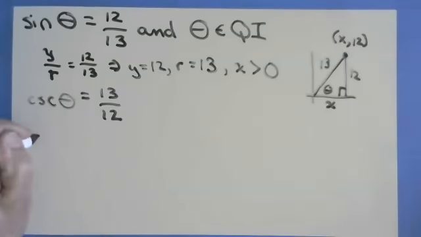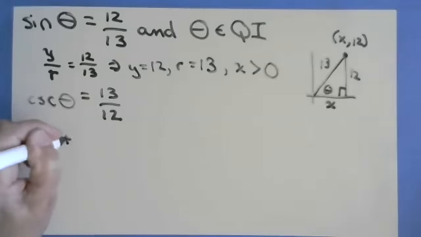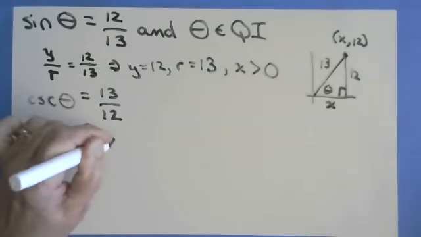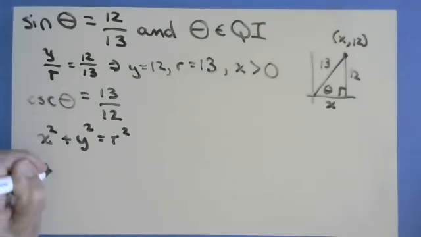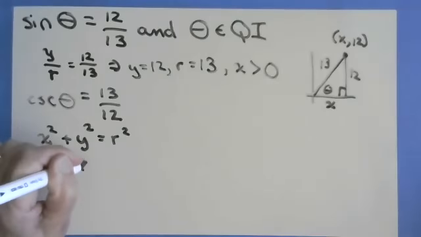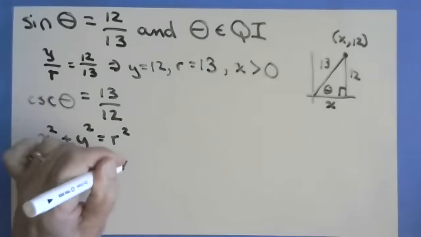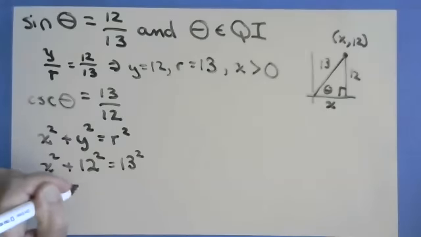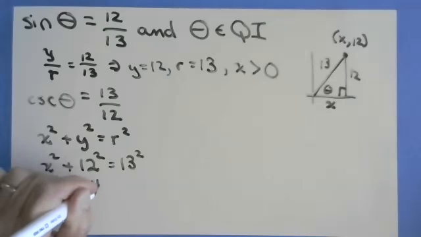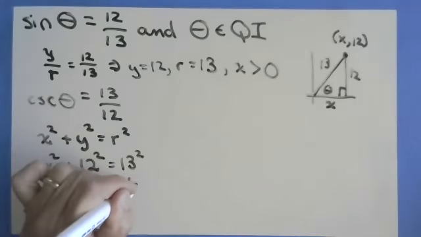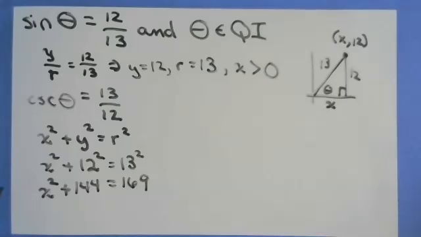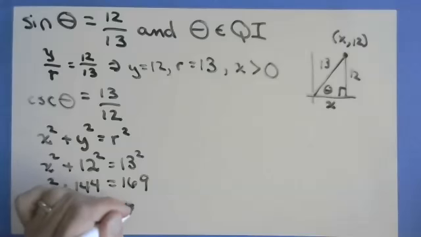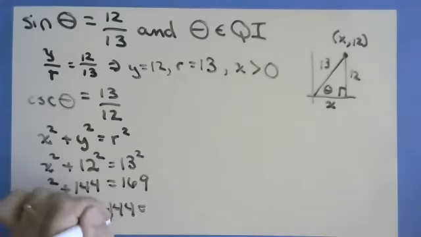So we use the Pythagorean theorem. x squared plus y squared equals r squared. x squared plus 12 squared equals 13 squared. x squared plus 144 is equal to 169. x squared is equal to 169 minus 144.